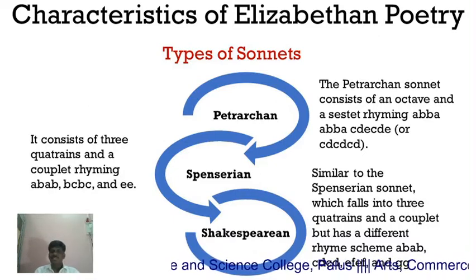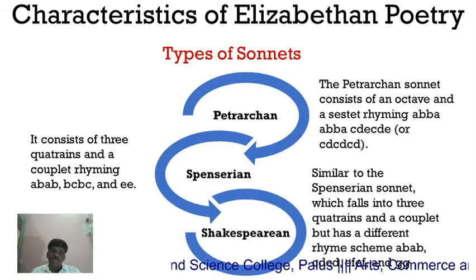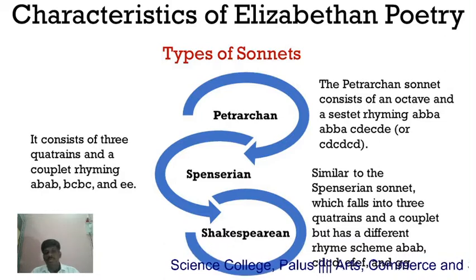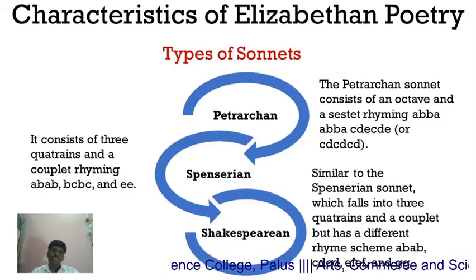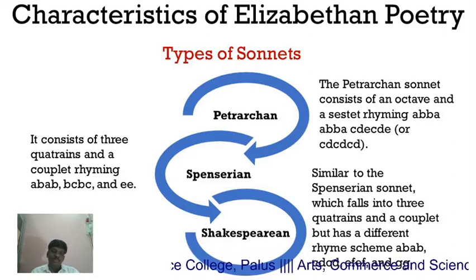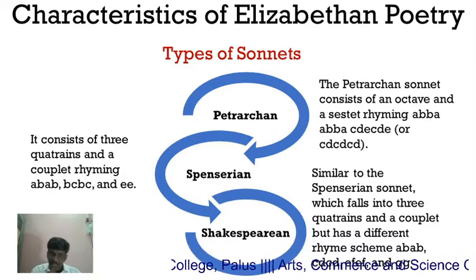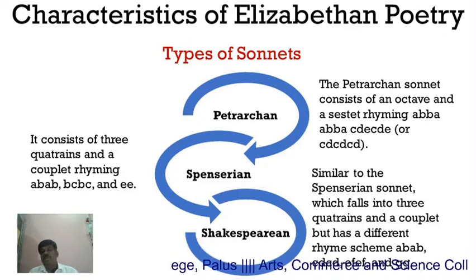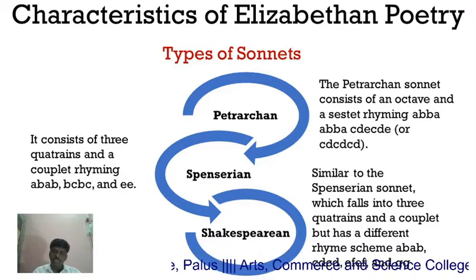We will discuss in detail all these things in the upcoming lectures. We will stop here and continue in the next session. In the next session we will continue with the major thematic concerns of the poetry and major poets of Elizabethan poetry, and then we will begin with the lyrical types that I want to discuss with you in detail.